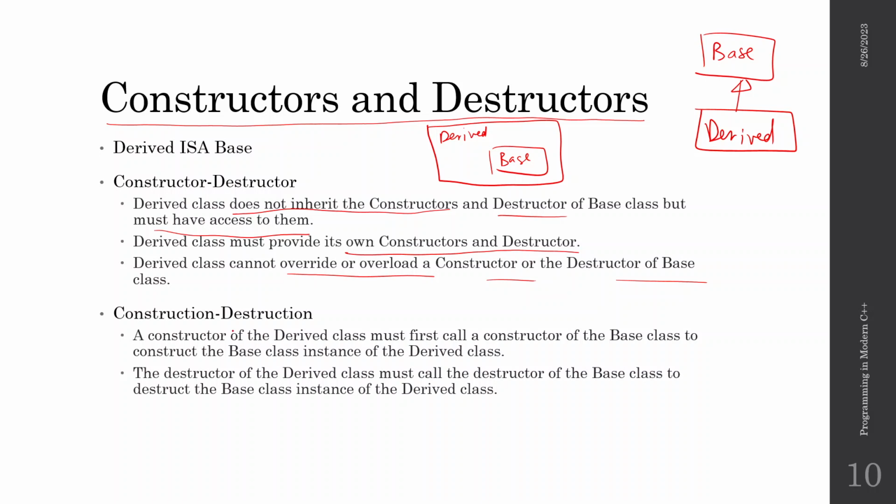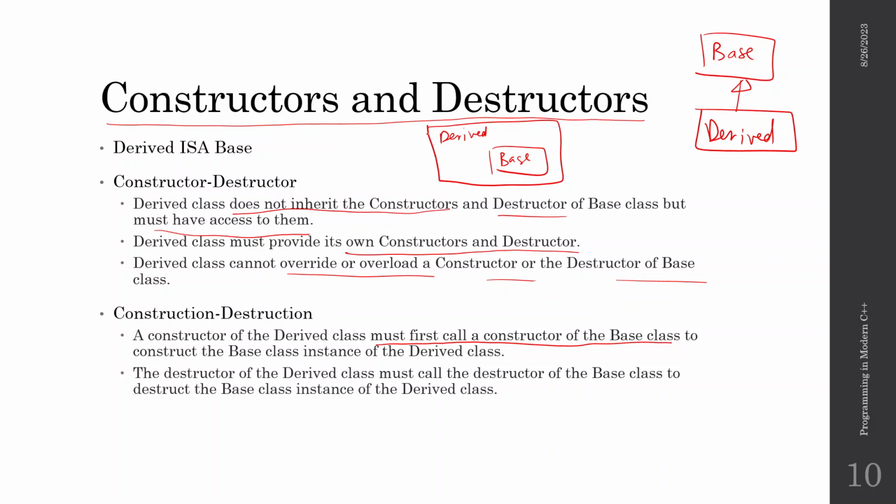Then I come to the cycle of constructing and destructing. The constructor of the derived class must first call the constructor of the base class. So before you initialize any of the variables in your derived class, like in the initializer list in your constructor, you first initialize the base class, and then you initialize the other variables.